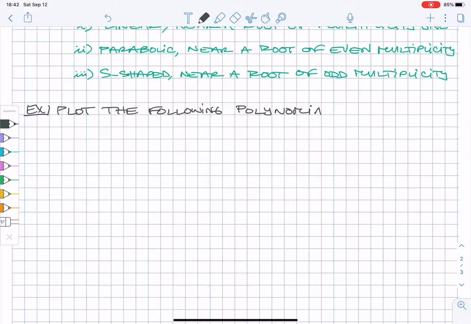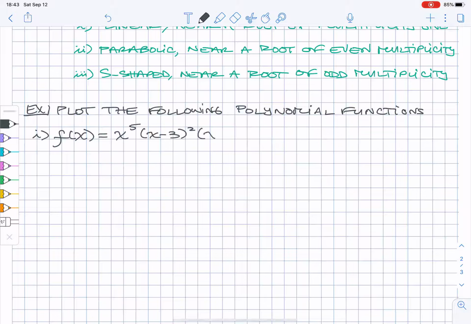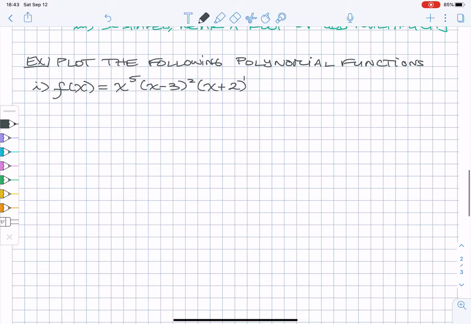Okay, so number 1, let's plot f of x equals x to the 5th times x minus 3 squared times x plus 2 to the 1st. So first let's look at our roots.